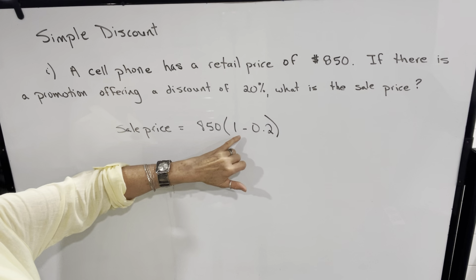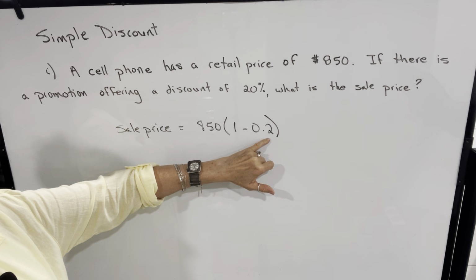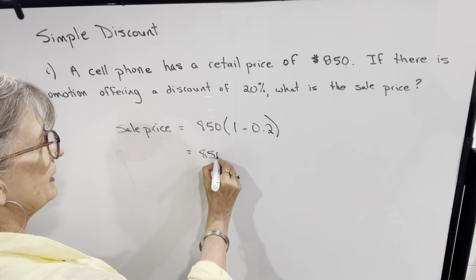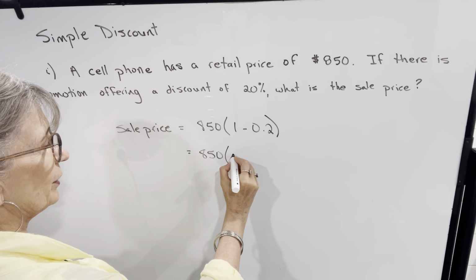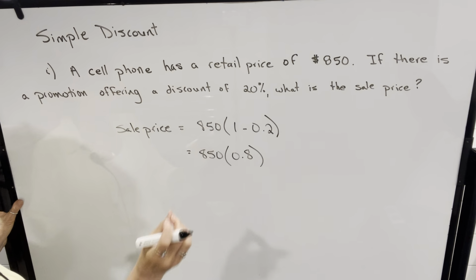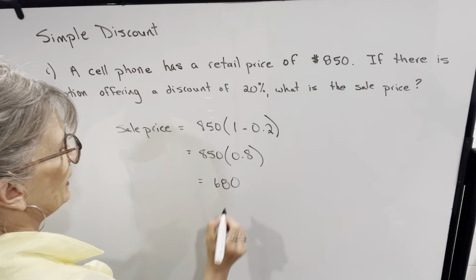So in decimal form, 100% is 1 and 20% is 0.2. So our sale price will be equal to 850 times 1 minus 0.2 is 0.8, or in other words, 80% of 850, and that value is $680.